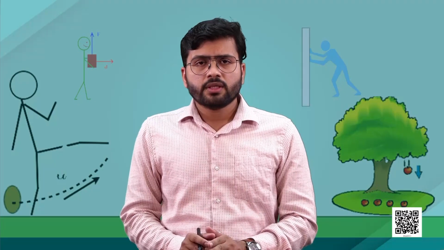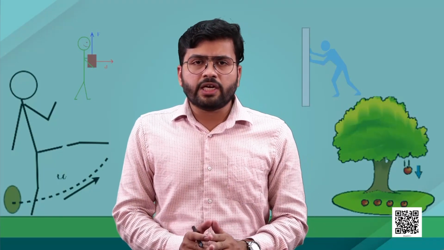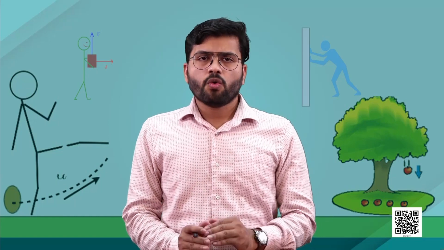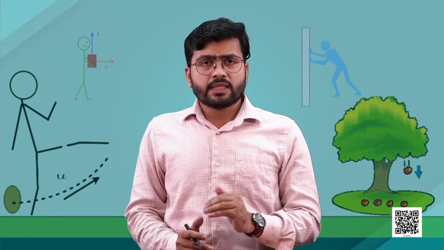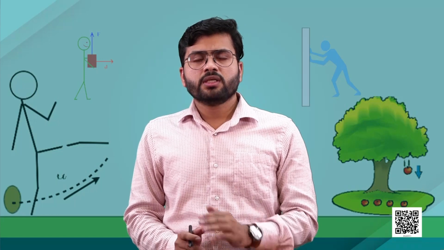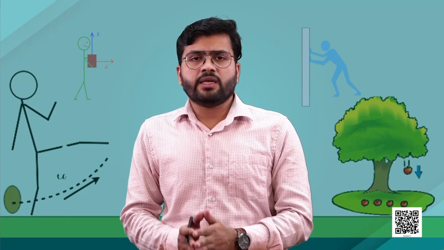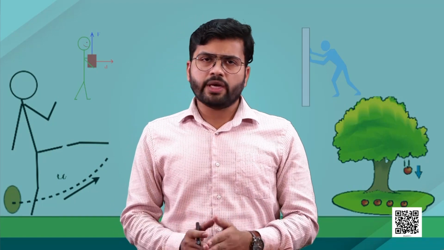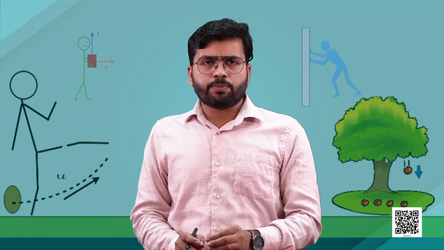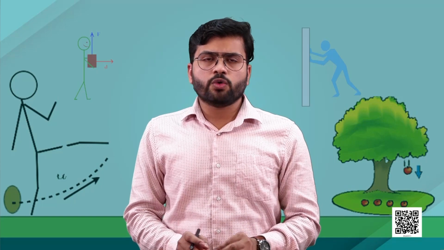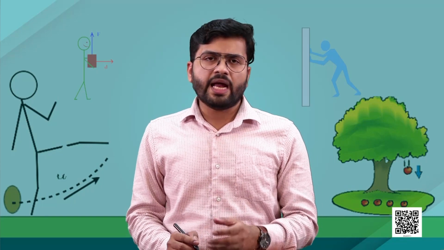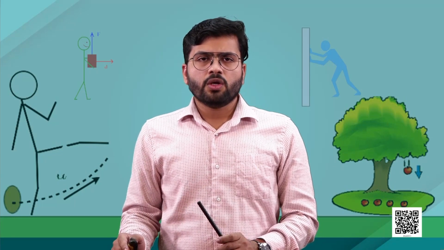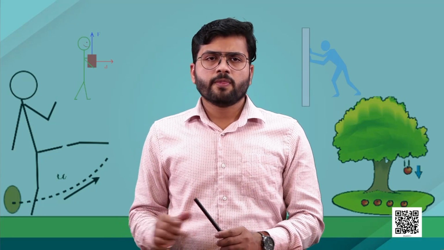So, here the potential energy has already been given to us, the mass is given to us. We have to find out the height at which the potential energy will be equal to 480 joule. So, here again we will use the same expression EP is equal to mgh, and we will solve the problem. So, let us look at the solution.